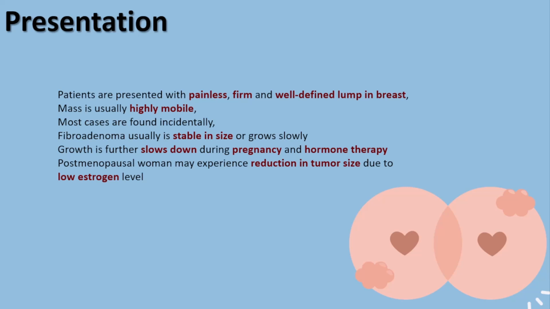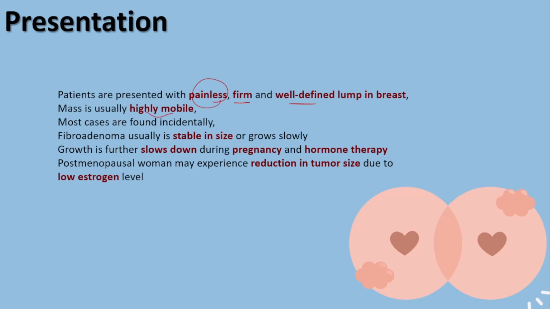So what are the presentations? What are the clinical findings in patients who are suffering from fibroadenoma? This is a painless tumor with firm and well-defined borders, and it is usually highly mobile. This is why we call it breast mouse, and it is usually found incidentally by routine examination of the breast, mammography, or even ultrasound.